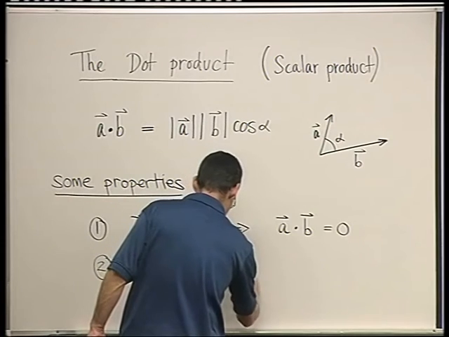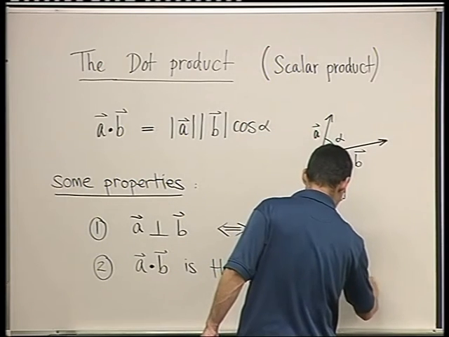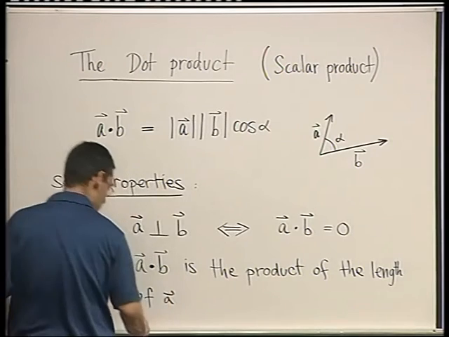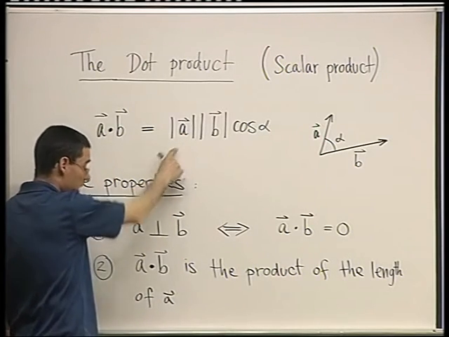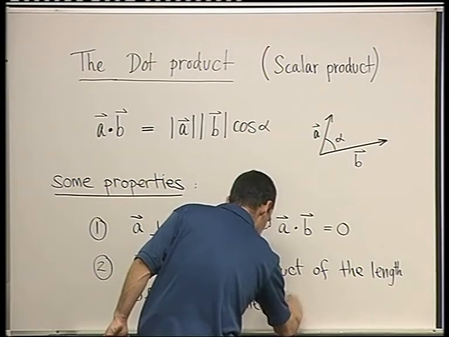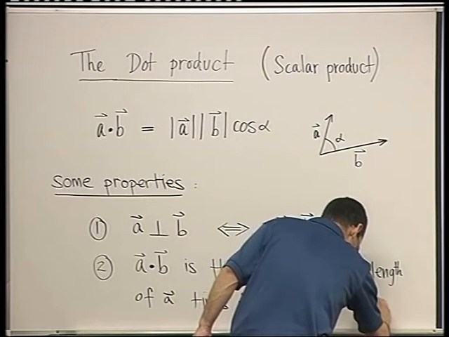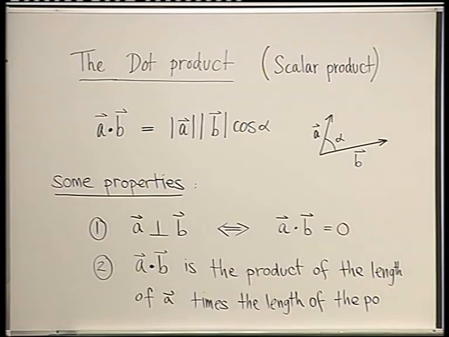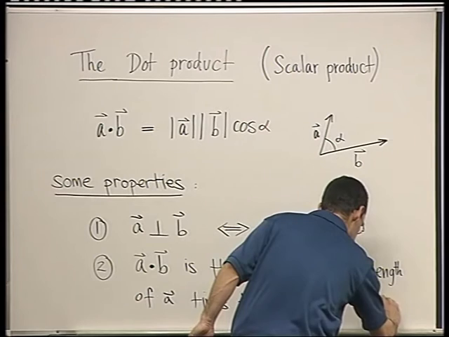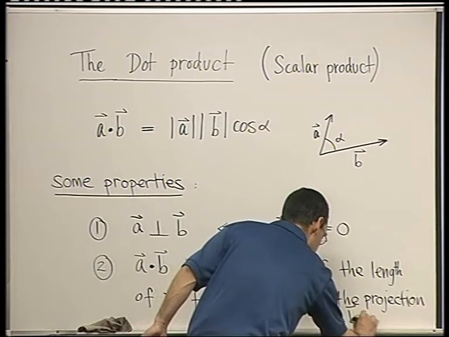So A dot B is the product of the length of A, well, that's obvious because that's how we defined it, the length of A, times the length of the projection of B onto A. I'm going to explain this. The length of the projection of B on A.